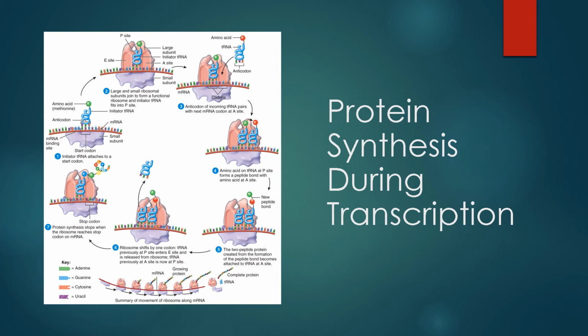So here we have this long mRNA segment. We can see right here is labeled, and it first is going to attach to the small subunit of a ribosome. And then the large subunit is going to join together, and essentially the large and small subunits will read the mRNA, and it'll tell the ribosome which amino acids to bring in.